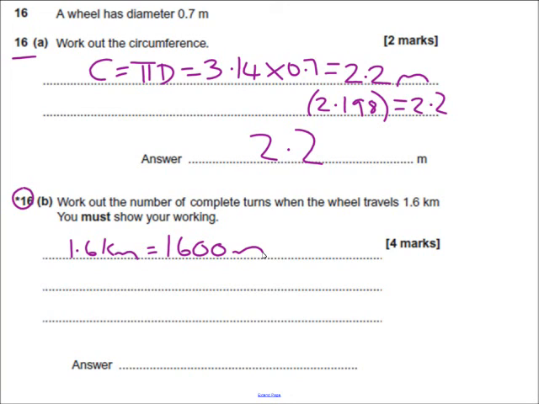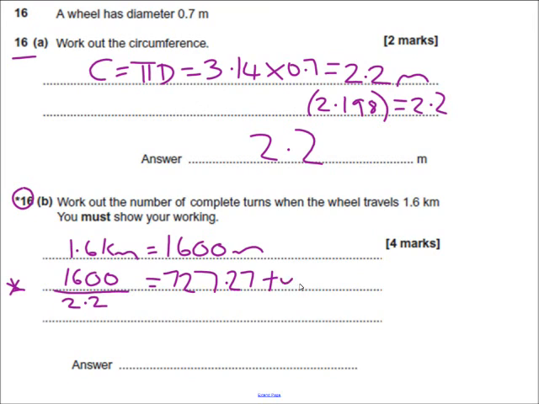Then, because the circumference of the wheel is 2.2 meters, we have 1,600 meters, and every time the wheel goes round, it takes out 2.2 meters. So we need to divide 1,600 by 2.2. When you put this in your calculator, you get 727.27, and this is the number of turns.